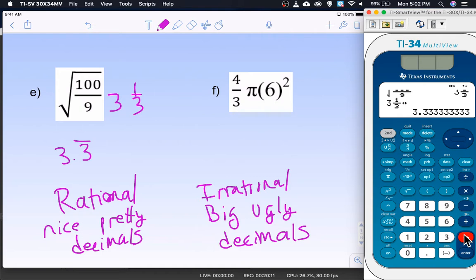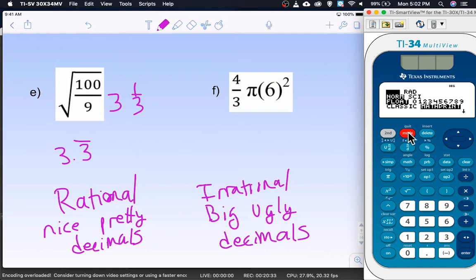Whereas letter F, if I type this in, so 4 fraction 3, I can get out of the fraction. I can hit pi. I can even do the parenthesis thing. There you go. I typed in exactly what it says there. I hit enter. Now, the calculator is weird.